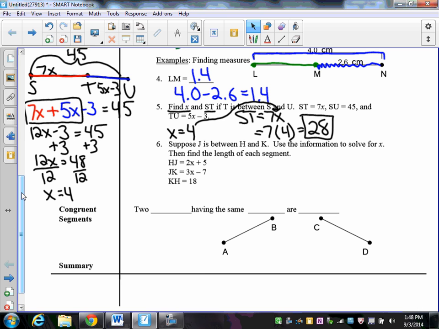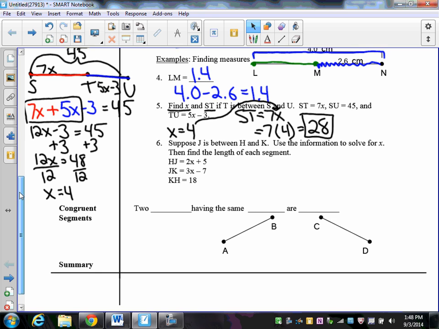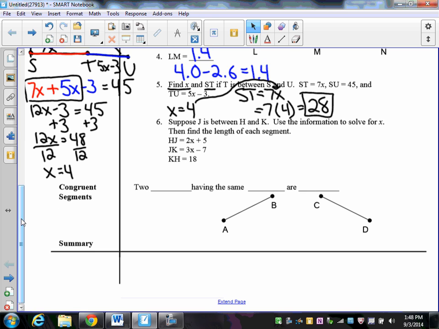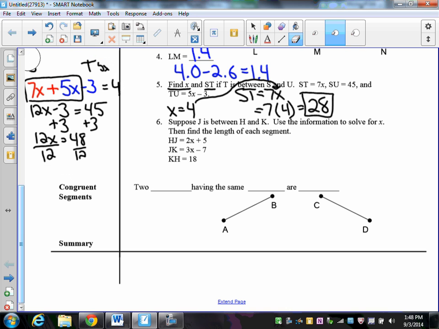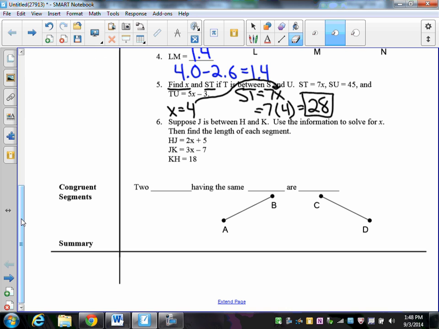Now for me, I kind of ran out of space for number 6. If you ran out of space, you might want to put it at the bottom here. I'm going to erase this. If you didn't get this down yet, make sure you pause the video and get everything. But for number 6, it says J is between H and K. So I'm going to draw it out.